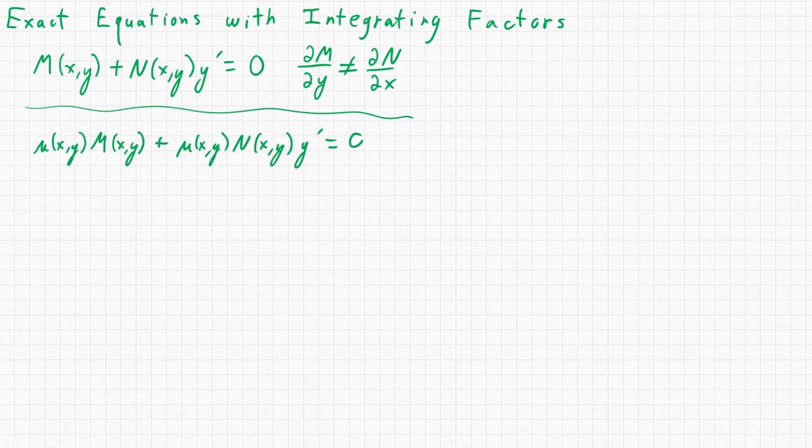So the new condition now is we need the partial derivative with respect to y of mu times M to equal the partial derivative with respect to x of mu times N. Partial derivatives have product rules and chain rules and all that fun stuff.